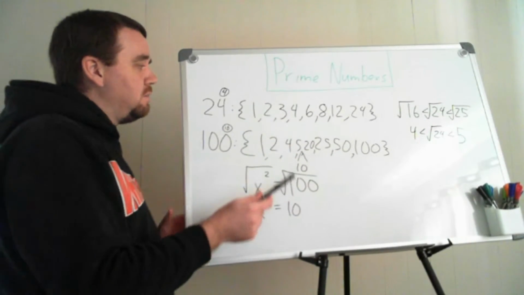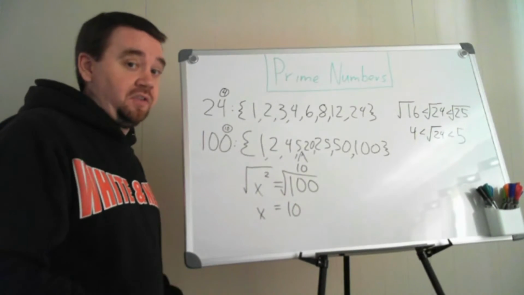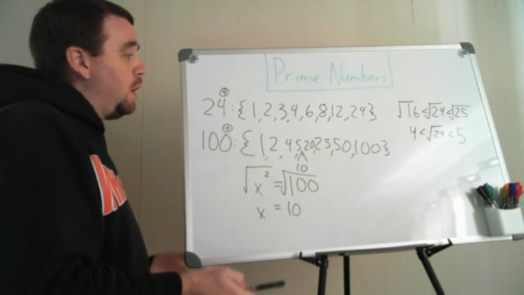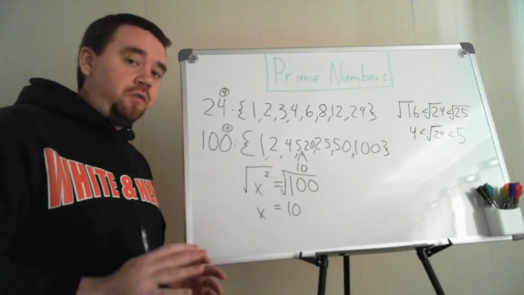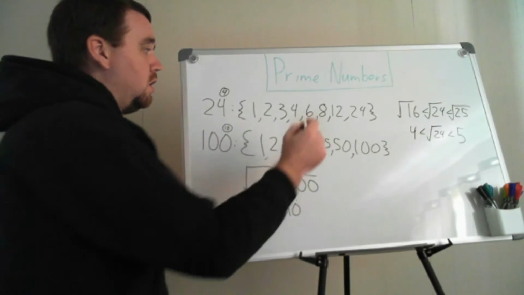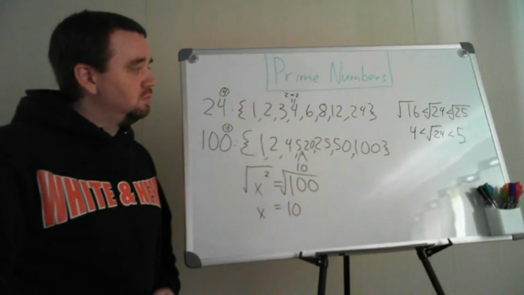So I don't care about the number 1. It's not composite, but it's also not prime. But I also don't care about the number 4, because 4 is a composite number. 4 is just 2 times 2.